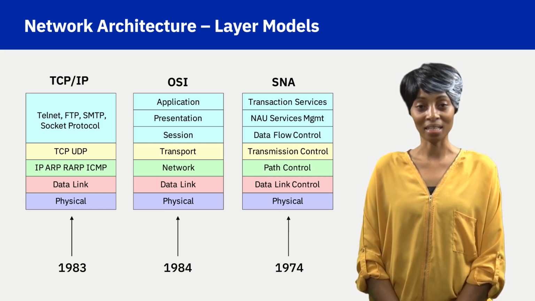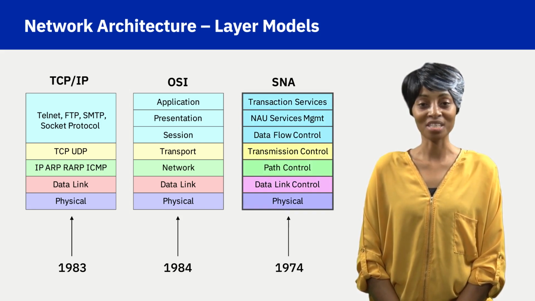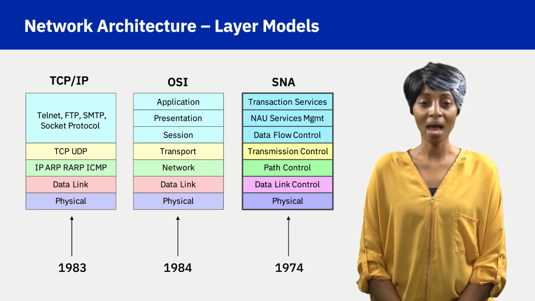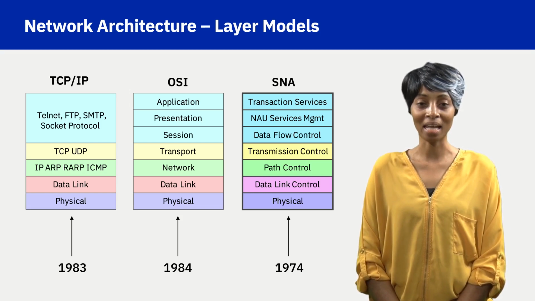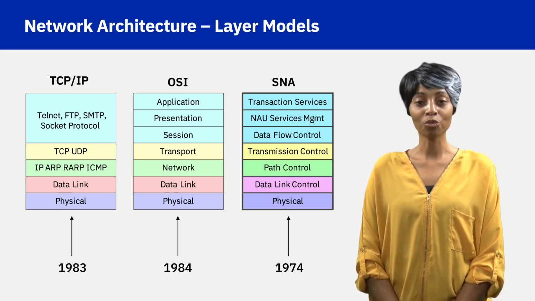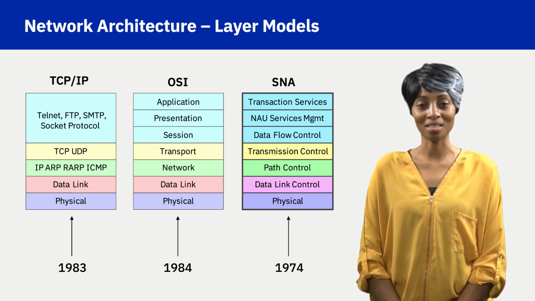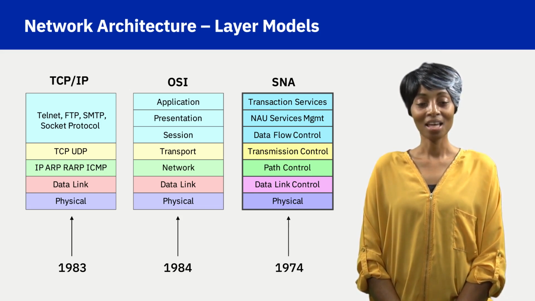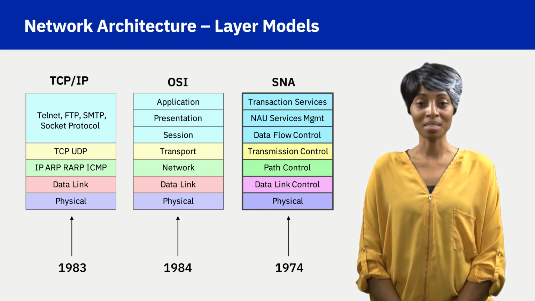IBM invented and delivered SNA, or System Network Architecture, in 1974 for centralized IBM mainframes to have a wide area data network reach with reasonable speed and accuracy. The SNA design and implementation is represented in the 7-layer model on the right side.